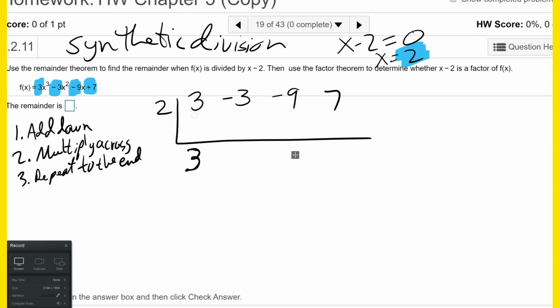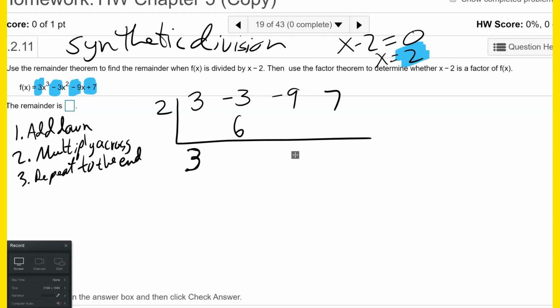Then multiply across: I take the 2 on the left side of the box, multiply it by the 3 I just wrote down, and write the result underneath the next number across. So 2 times 3 is 6.